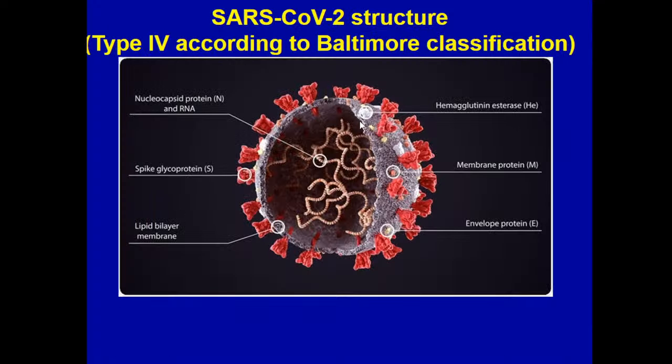Now let's take a look, and I think I demonstrated this picture already. So I just want to remind you that this is the Baltimore classification. Mainly it is based on the structure of the viral genome and strategy of viral genome transcription and translation.